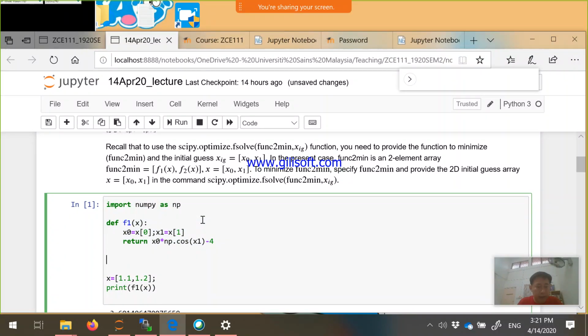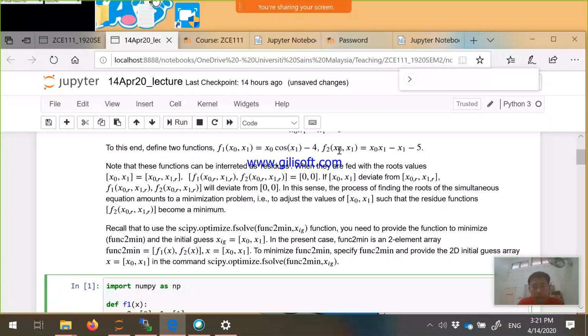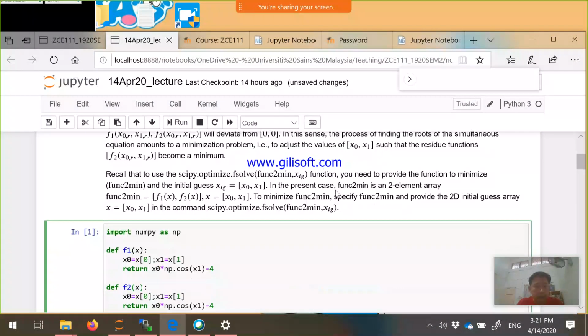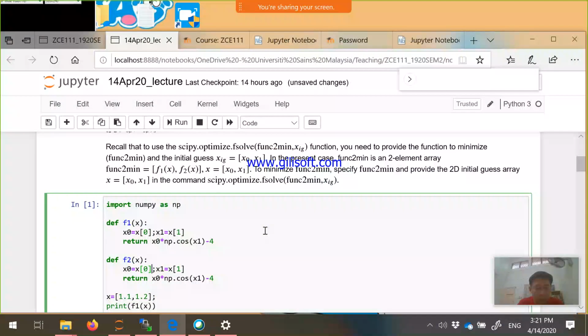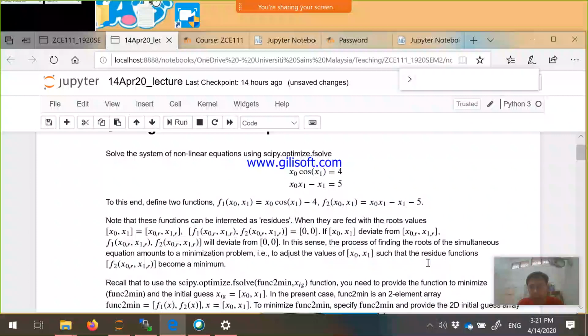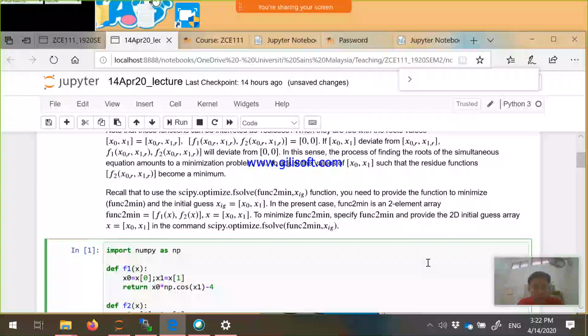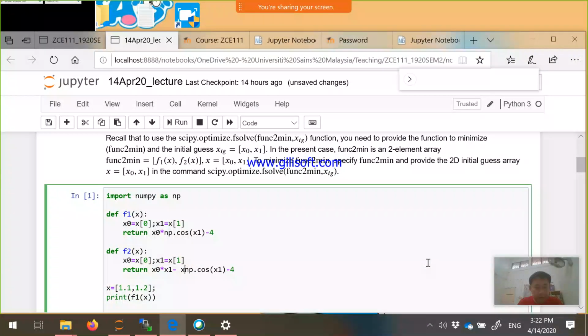So likewise, I will also define my function f2. This is a function f2, which is x0 times x1 minus x1 minus 5. So let me define this. This should be x0 times x1 minus x1 minus 5.